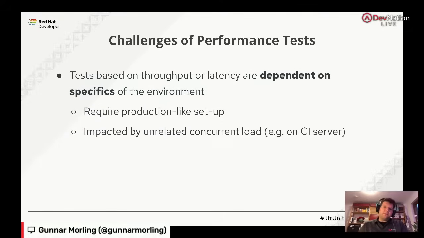All right, so let's get right into it. If you think about performance tests, there's a challenge. You are interested in finding out the throughput of your application, so how many requests you can process at the same time, or the latency, so how long it takes to process a specific request. But if you set up tests for those metrics, you will realize that they are subject to the environment they are running on.